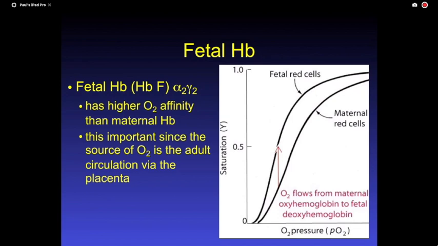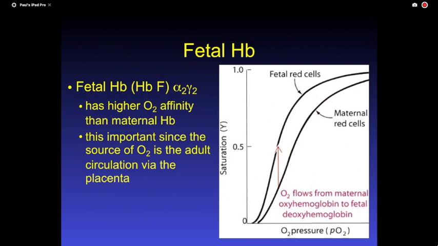Right. The fetus has a lower concentration of oxygen all over its body. And so it will pick it up from the mother and then it will release, but because hemoglobin has a higher affinity for oxygen, it doesn't deliver as well. And so we're balancing.